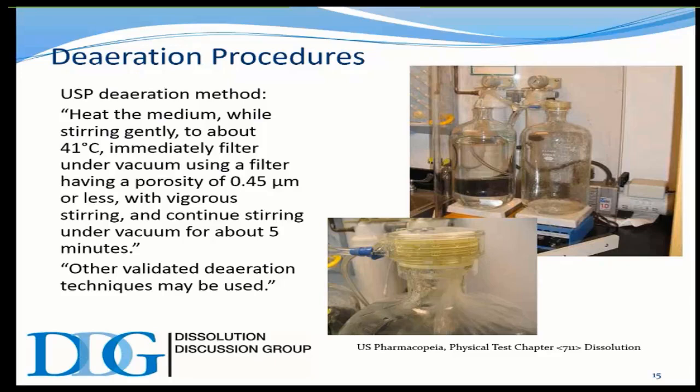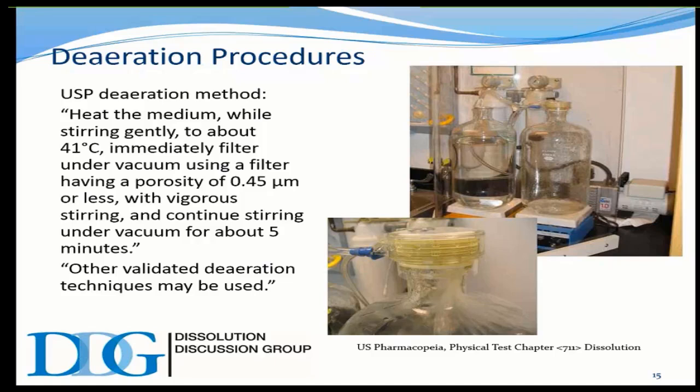So the method here really revolves around heating it to 41 and then filtering it under a vacuum. You can see a picture insert here of a Millipore filter that I've often used for de-aerating medium. What's occurring here is that as soon as media passes through this filter, it literally boils in the neck as it's moving down.